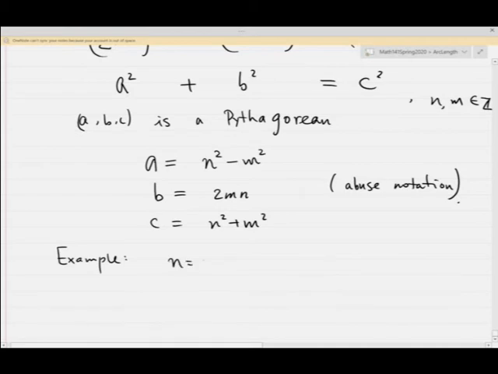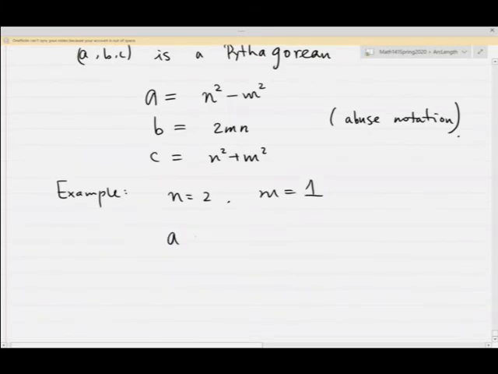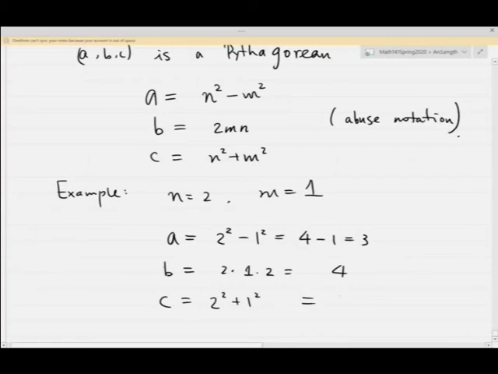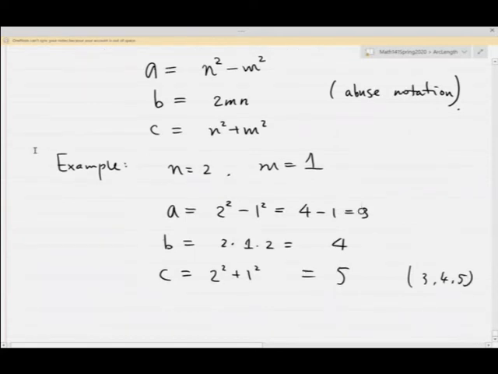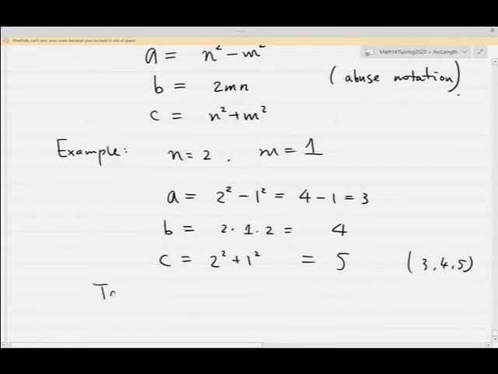If we take n to be 2 and m to be 1, then A is 2 squared minus 1 squared, which is 4 minus 1, which is 3. B is 2 times m times n, which is 4. C is 2 squared plus 1 squared, which is 5. Then we get the Pythagorean triple 3, 4, 5. Now, take n to be 3 and m to be 1. In this case we don't get anything new.